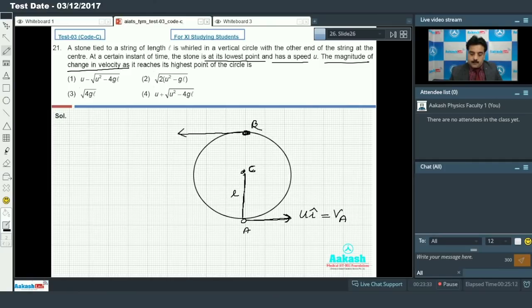B को हम लोग एक origin की तरह भी treat कर सकते हैं. So now if I go for the speed at the highest point and use the equation of motion, v square equals u square plus 2as.